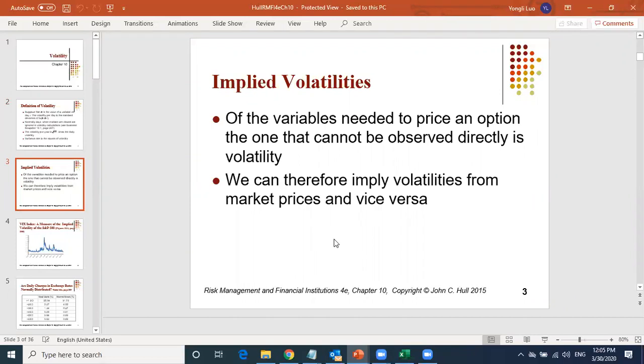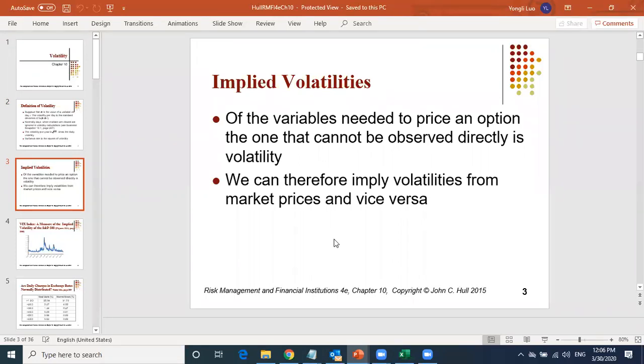In finance, we usually calculate the volatility based on the variables, and it's called implied volatility. Of the variables needed to price an option, the one that cannot be observed directly is the volatility. So we can therefore imply volatilities from the market price.